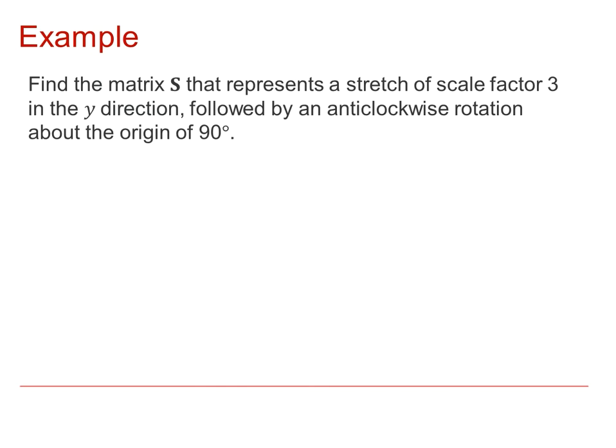So if I call the stretch P and the rotation R, the matrix for P, which is a scale factor 3 in the y direction, is [1, 0; 0, 3], and the matrix for R, which is the positive 90-degree rotation, is given by [0, -1; 1, 0]. Now if I want to do P followed by R, then to get S I have to do the product RP.